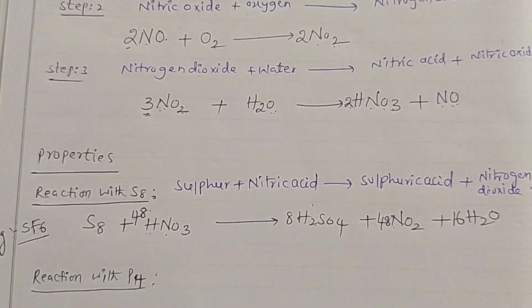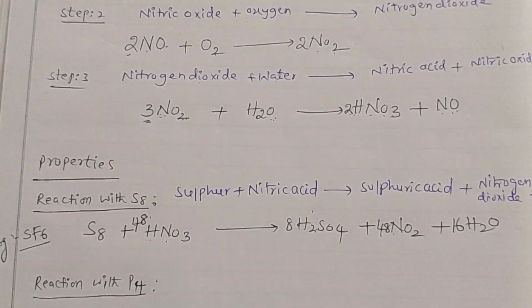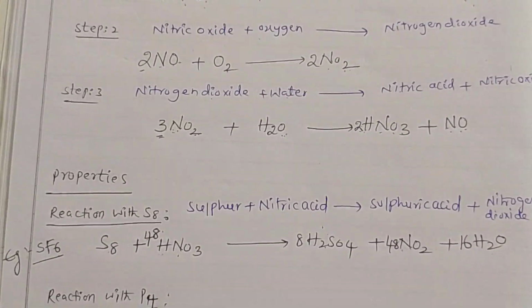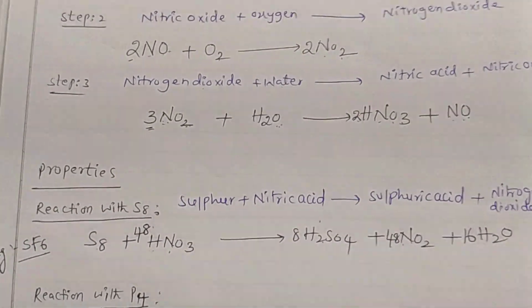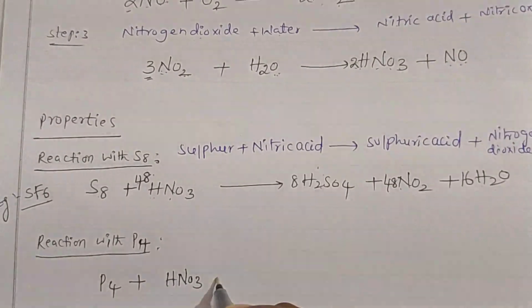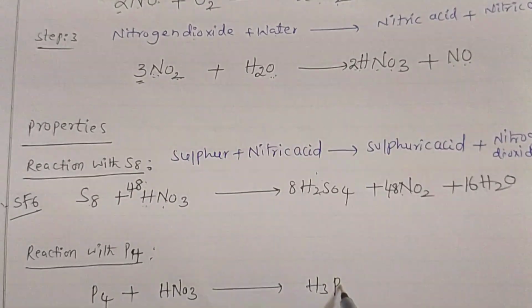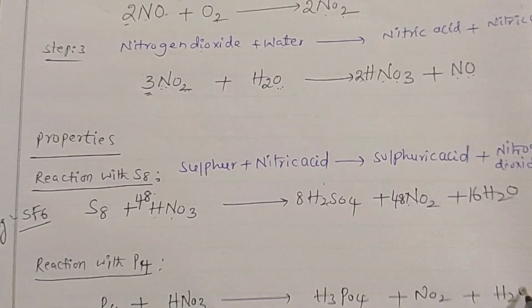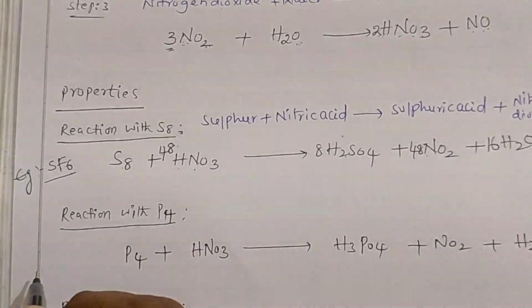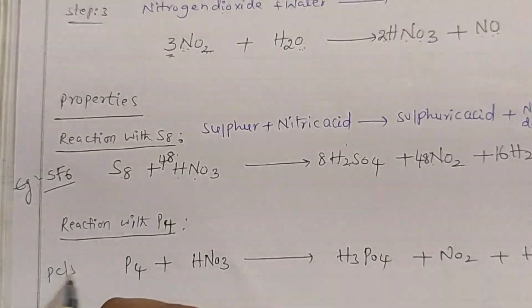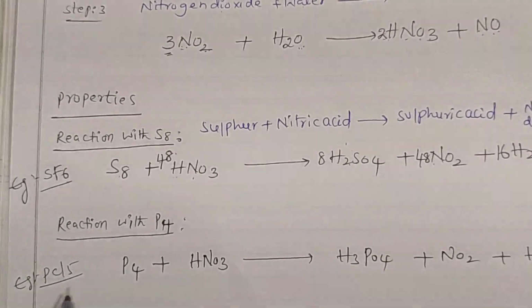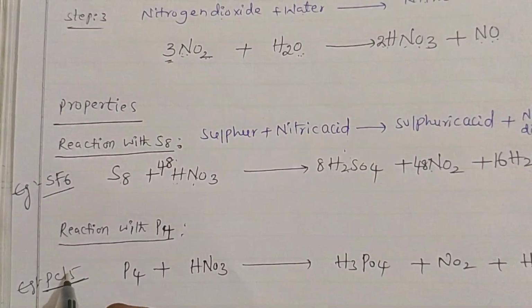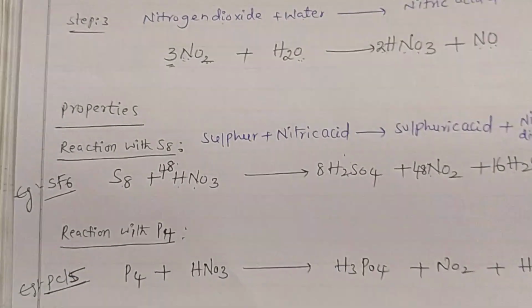In the same manner, P4 phosphorus plus how many HNO3, we can remember by an easy trick, gives rise to H3PO4 plus the same byproducts NO2 plus H2O. Now phosphorus, how many bonds can it form? For example, observe PCl5, how many bonds? 5 bonds. So the maximum valency is 5.